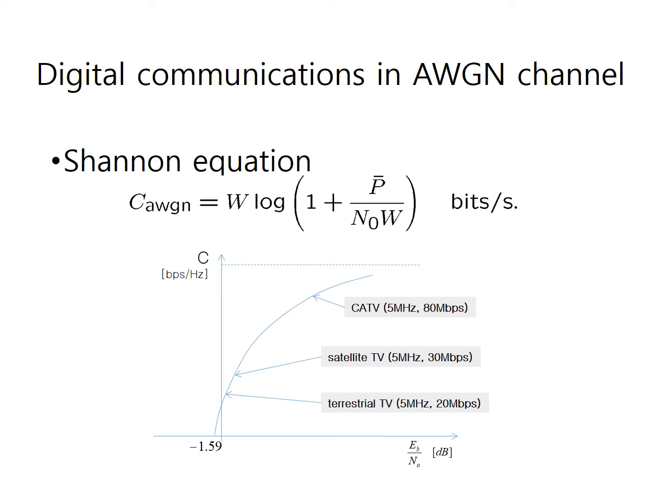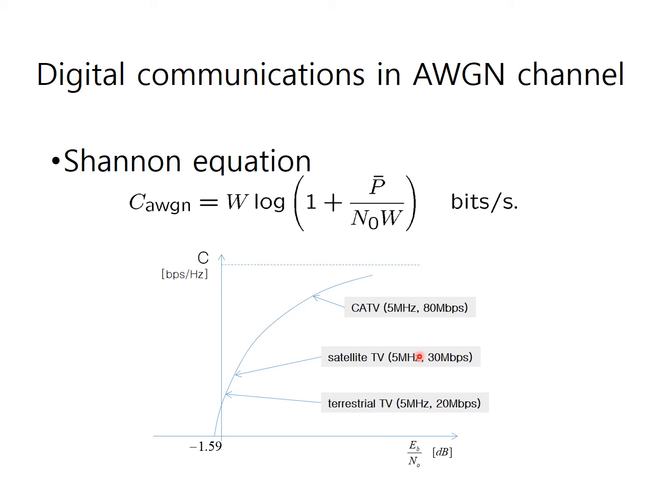That is, in Shannon equation, W is the same in this case, 5 megahertz. All of the three methods have 5 megahertz width. But because SNR is different, channel capacity C is different. Terrestrial channels can transmit 20 Mbps through 5 megahertz channels.